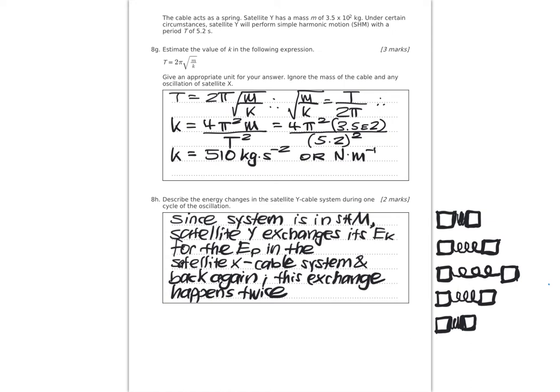So when we begin the cycle, we have the spring at maximum compression, and neither box is moving. With the spring at maximum compression and no speed, there's no kinetic energy, and it's all potential energy. But then as the spring releases, all that potential energy translates to the kinetic energy of satellite Y, and satellite Y goes flying to the right.